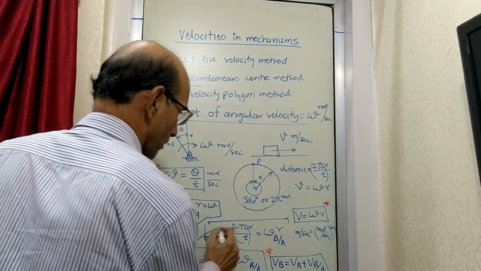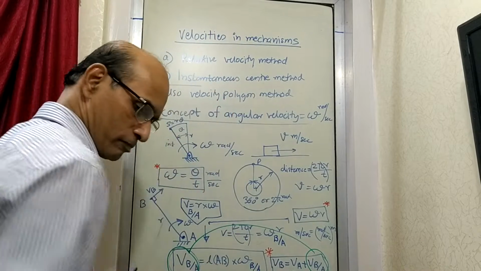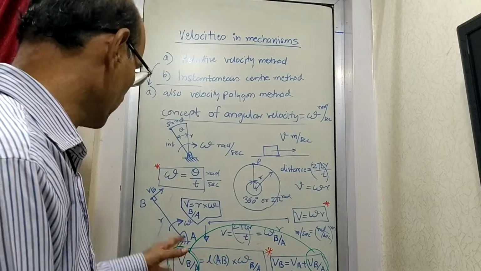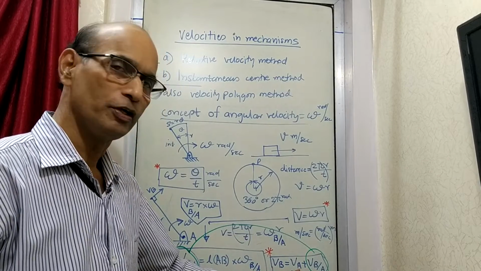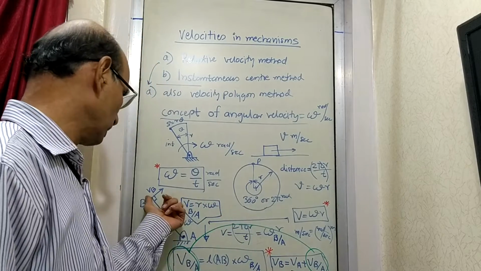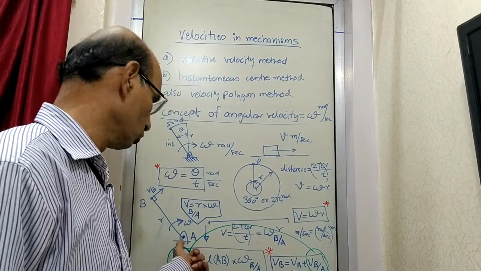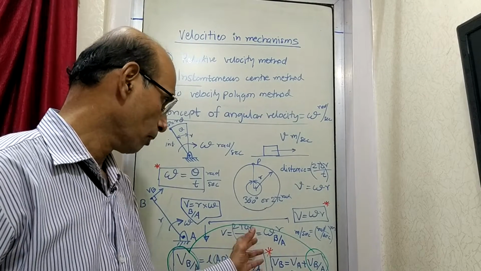And in this case, velocity of A is 0. It may not always be 0, but in this case it is 0. So velocity of any point on a link is equal to velocity of some known point plus velocity of that point with respect to the known point. This is the conclusion we have drawn.